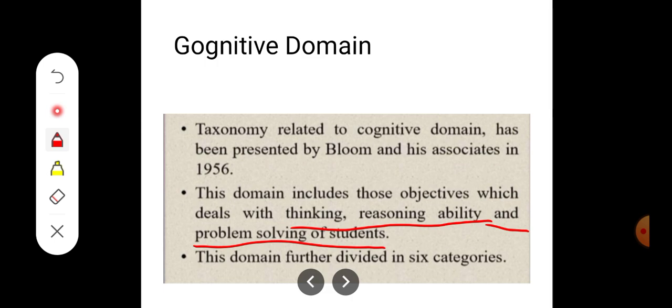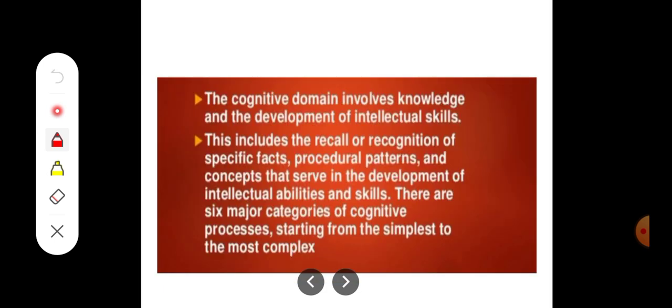And this domain is subdivided into 6 categories. We'll see them later. The cognitive domain involves knowledge. It starts from the bottom to up, from the lowest thinking skill to the highest thinking skill, and the development of intellectual skills.